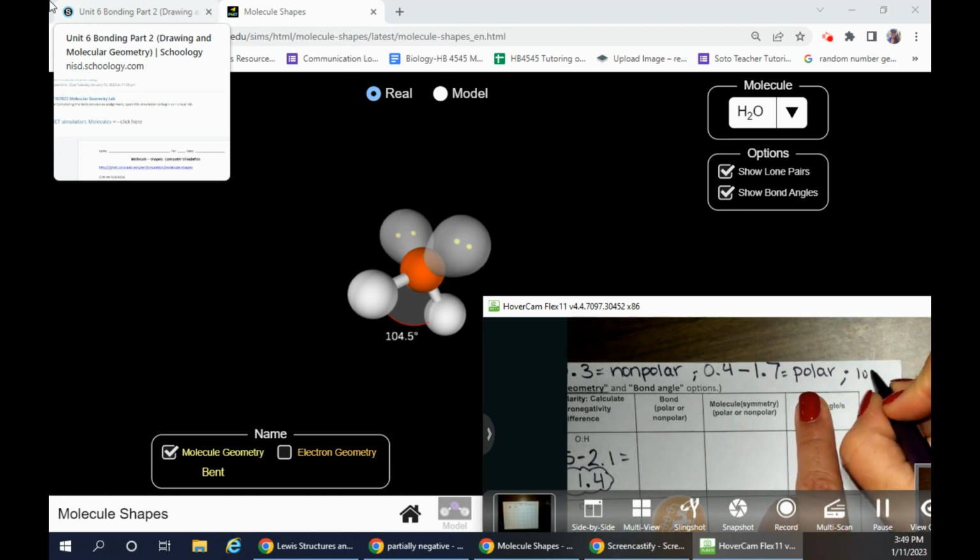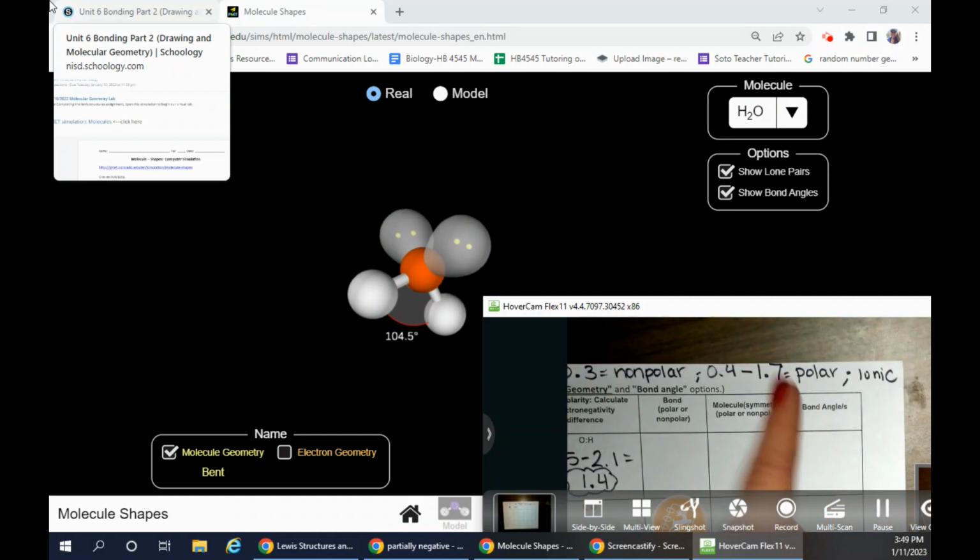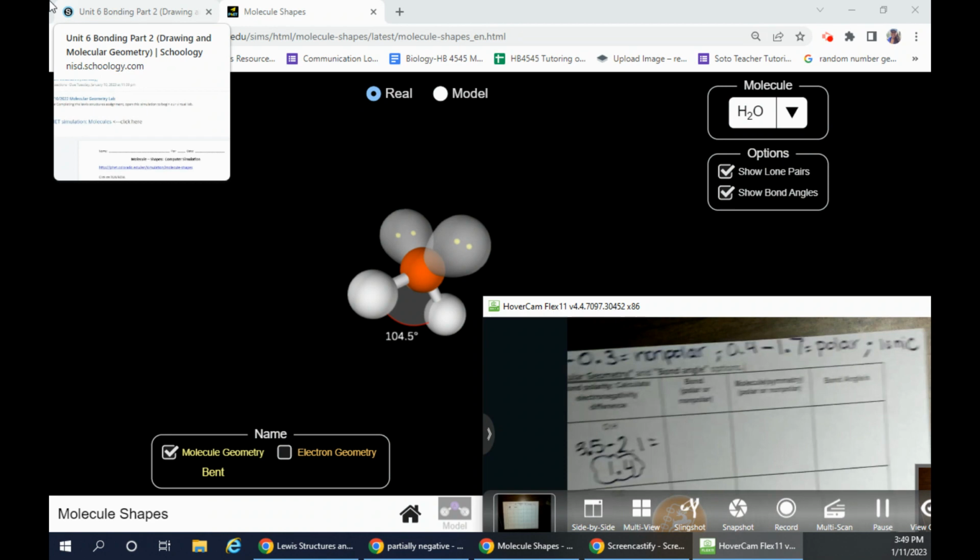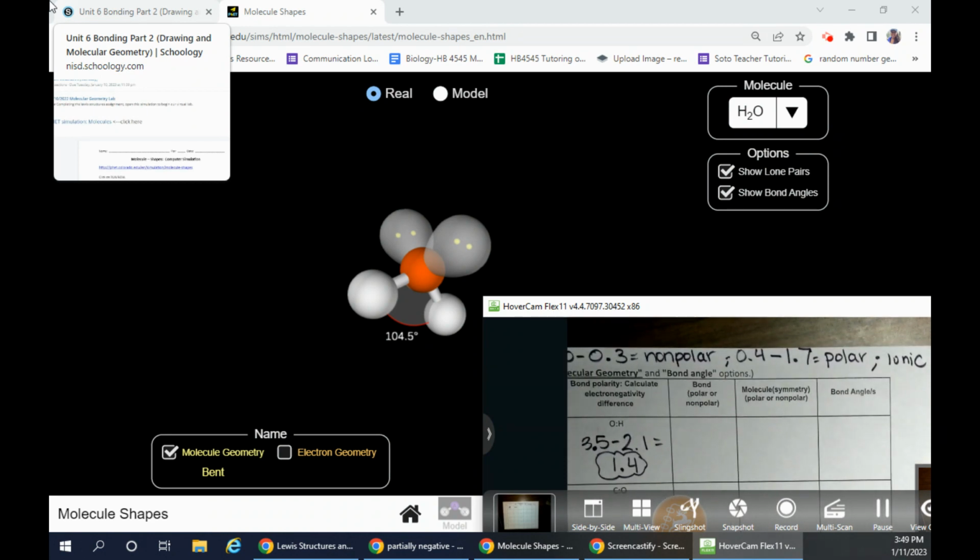Ionic, yep. So believe it or not, you will have one of your bonds on this page come out to be ionic. Does anybody have a guess on which one that is? Anybody see it? It's going to be the one that has the metalloid, just so you know. All right. So you'll get an almost ionic bond, pretty much, is what you're looking at.